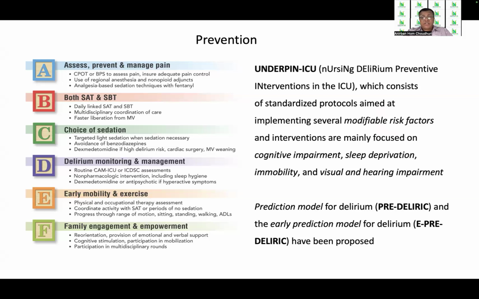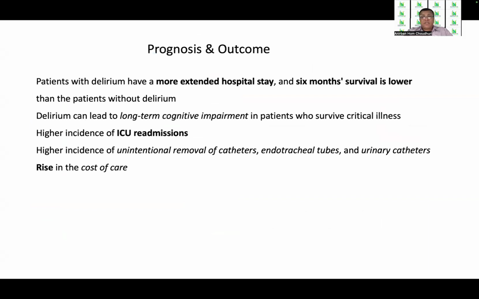There are some other prediction models also, like the prediction model for delirium, that is PRE-DELIRIC, and the early prediction model for delirium, that is E-PRE-DELIRIC. They have also been proposed, and they may have some important role in the prevention of delirium, particularly in high-risk patients.